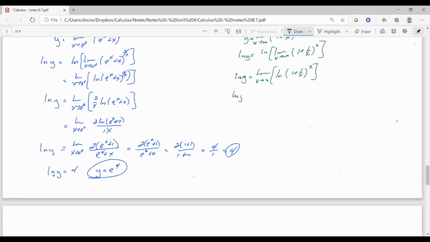So the natural log of y, let's fix that. The natural log of y is equal to the limit as x approaches 0. Now we're going to have x times the natural log of 1 plus 1 over x. Now notice as x approaches 0, this is approaching 0, this is approaching the natural log of 1, which is 0.